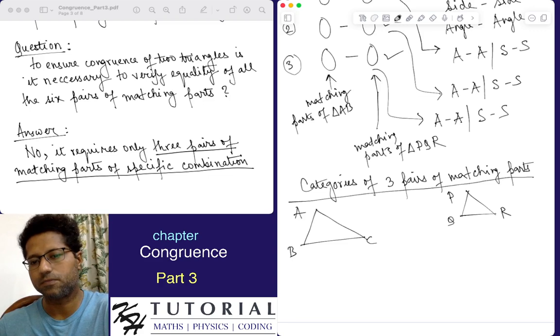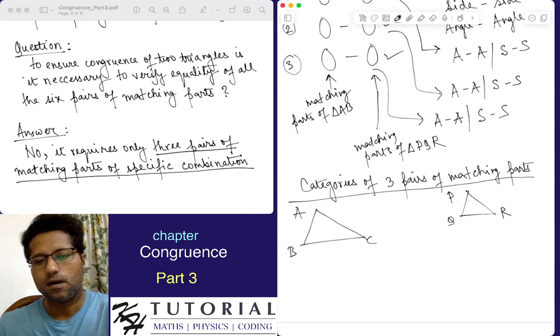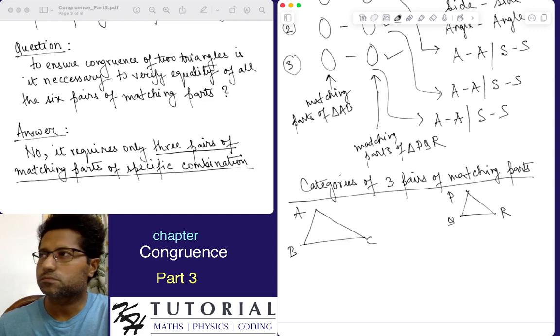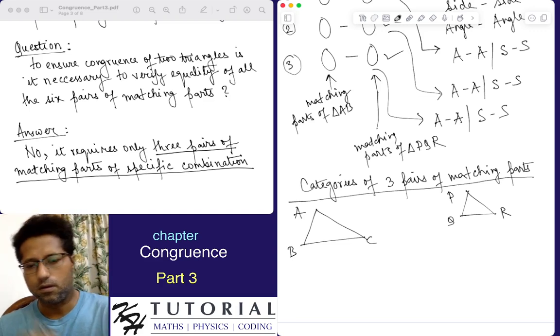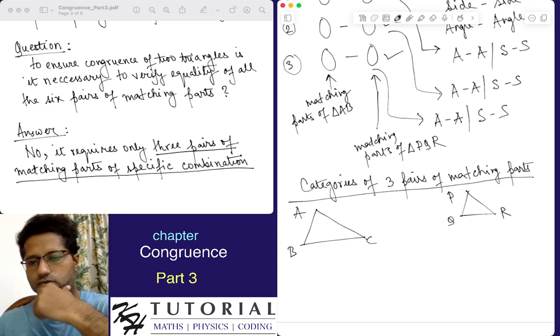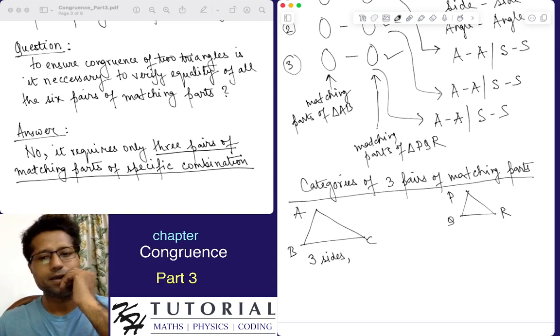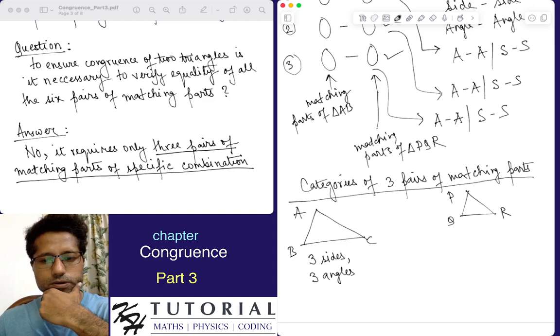Now, in choosing three parts from triangle ABC, I can choose all the three sides, or I can choose three angles, or I can choose two sides and one angle, or I can choose two angles and one side.